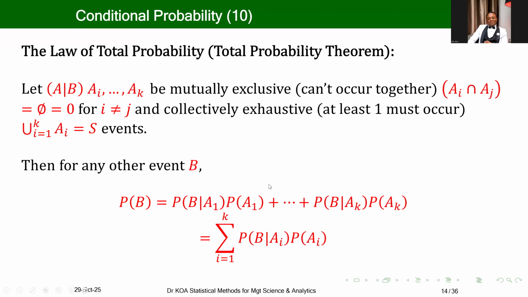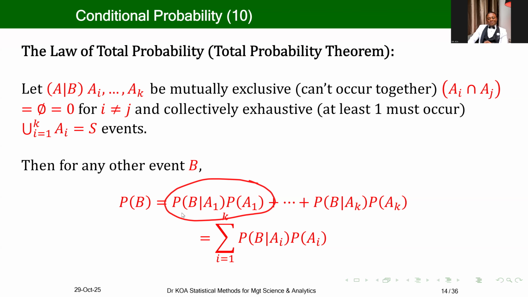Check this sum carefully. This one here actually represents what? It's actually A intersection B; in this case, it will be A1 intersection B. So you are actually taking the conditional probabilities we had before.